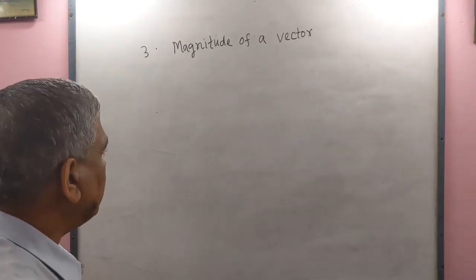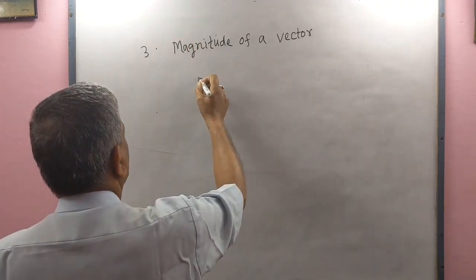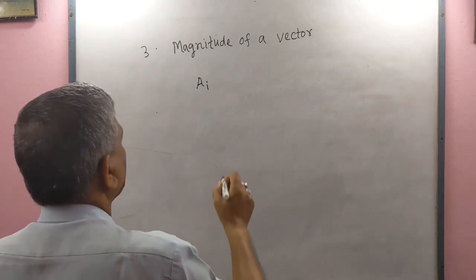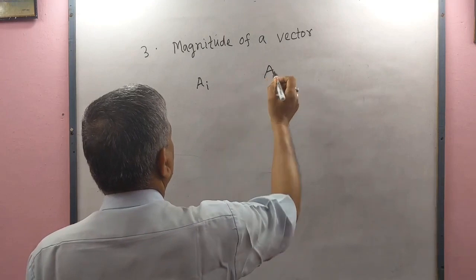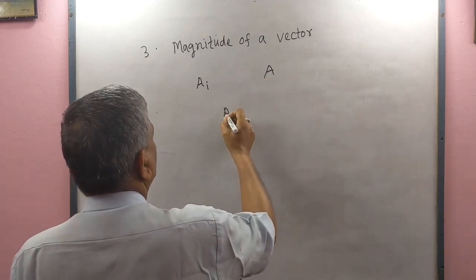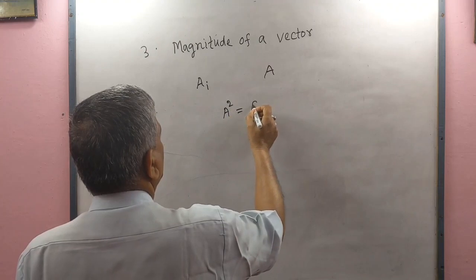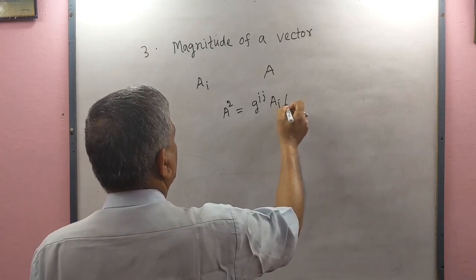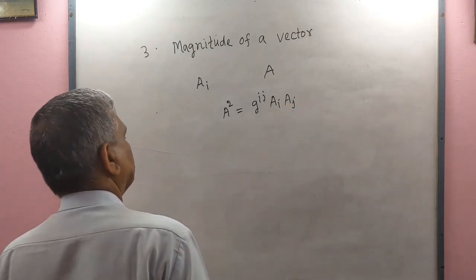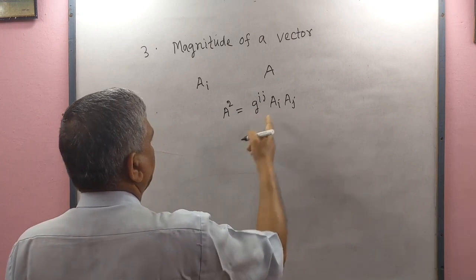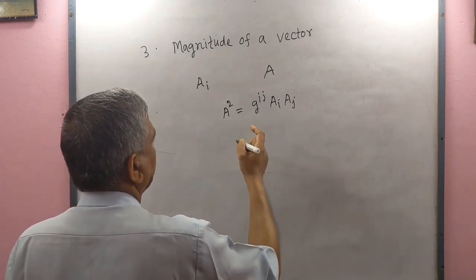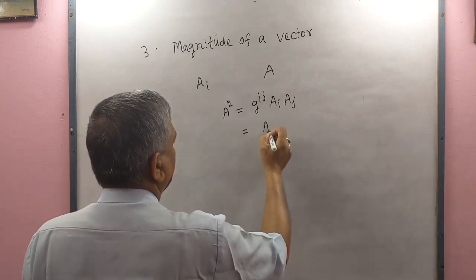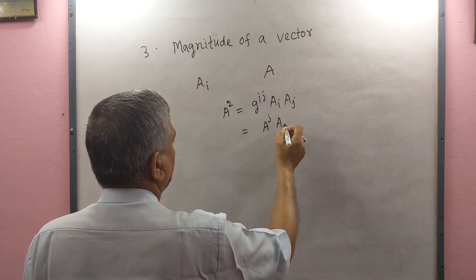Now we will discuss about magnitude of a vector. The magnitude of a vector Ai is defined as A, which is equal to A square equal to Gij Ai Aj. Now we calculate this with the knowledge of associate tensor. This will be Aj and Aj.